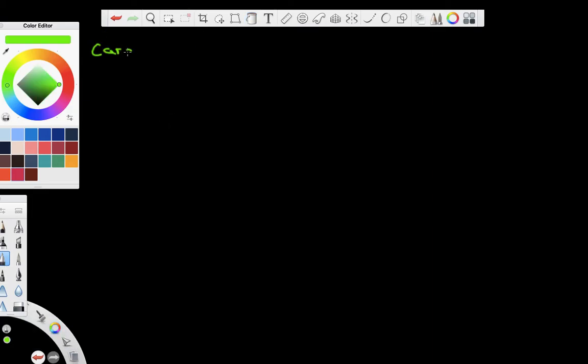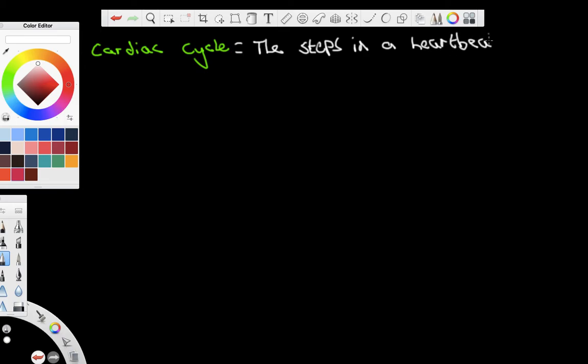Now, the cardiac cycle can be defined as the steps in a heartbeat that allow blood to be pumped out of the heart.